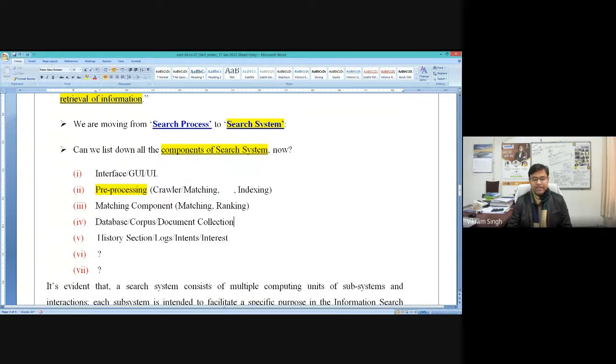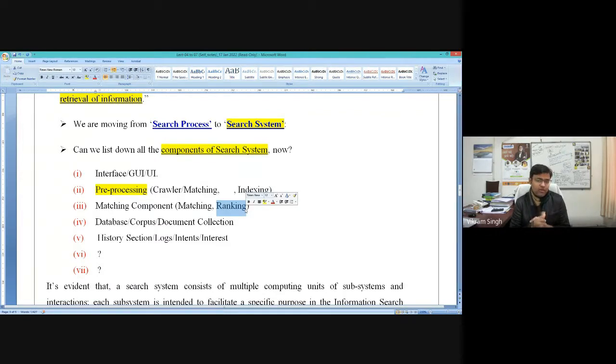Now, matching here means matching between the user query, the user input, and the stored documents. Naturally, once your algorithm is done with the matching part, the next task is to arrange these matched results. Maybe matching is not exact, or is based on some other mechanism, but in each case you have to perform ranking.